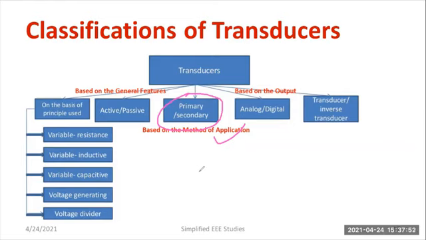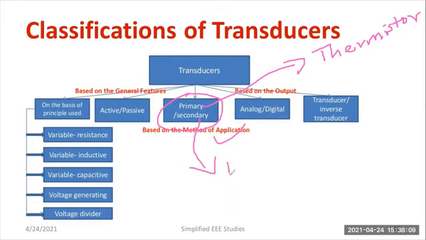What about secondary transducer? Suppose I consider the example of primary transducer as thermistor or RTD, whatever it may be. Regarding the secondary transducer, the best example is the Bourdon tube. The purpose of the Bourdon tube is to measure the pressure.